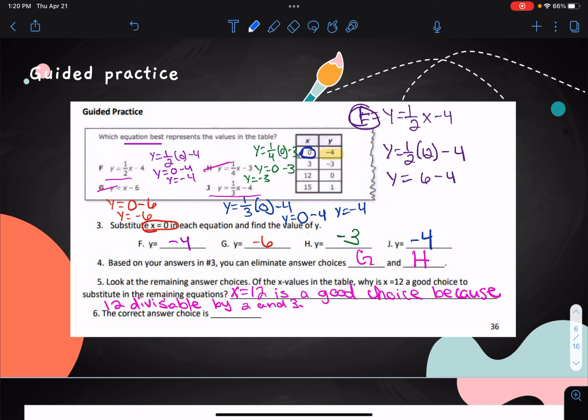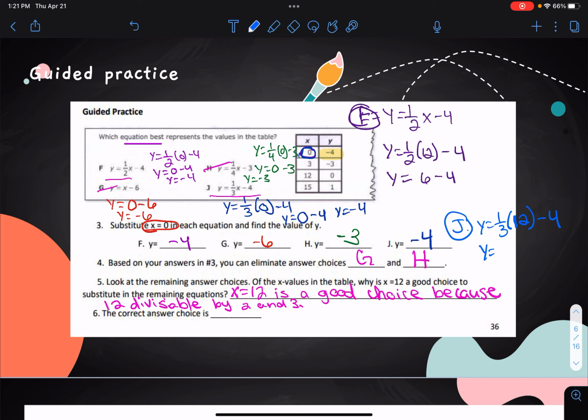Let's look at answer choice J, right? Which tells us y is equal to 1/3 x, and we said we're using 12 as our x, minus 4. So y equals 1/3 times 12.